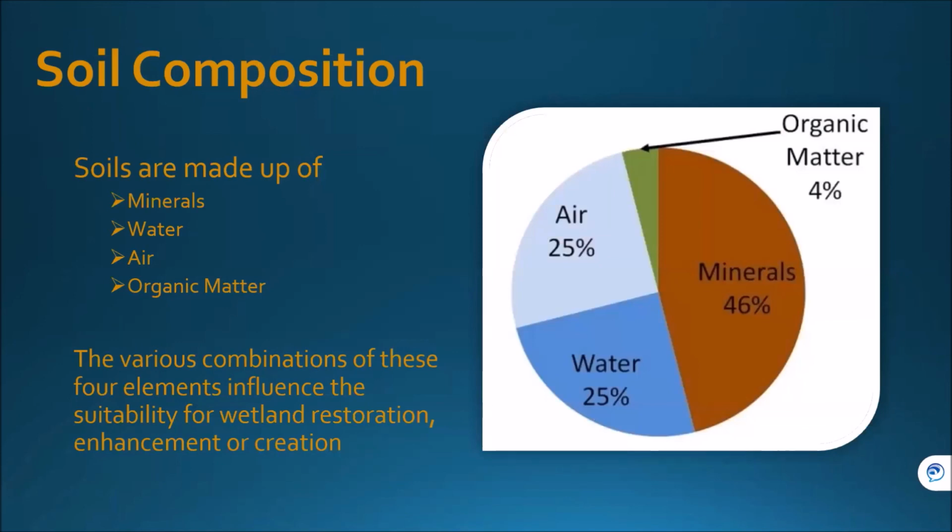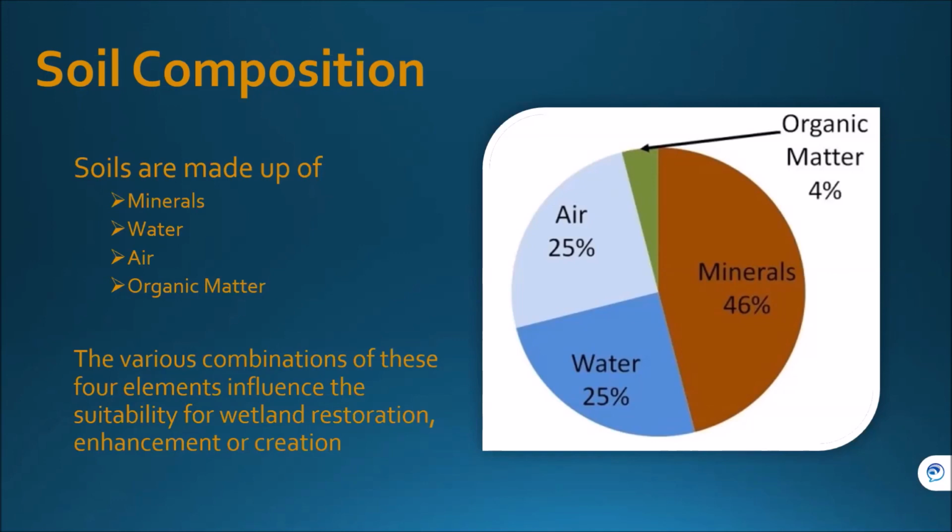So soil composition, go back to soils class 101. What are soils made out of? The majority of them are mineral for the most part, 25% water and air, and then a little bit of organic matter. That 4% there is pretty exaggerated for most of Indiana, but we'll just go with it.